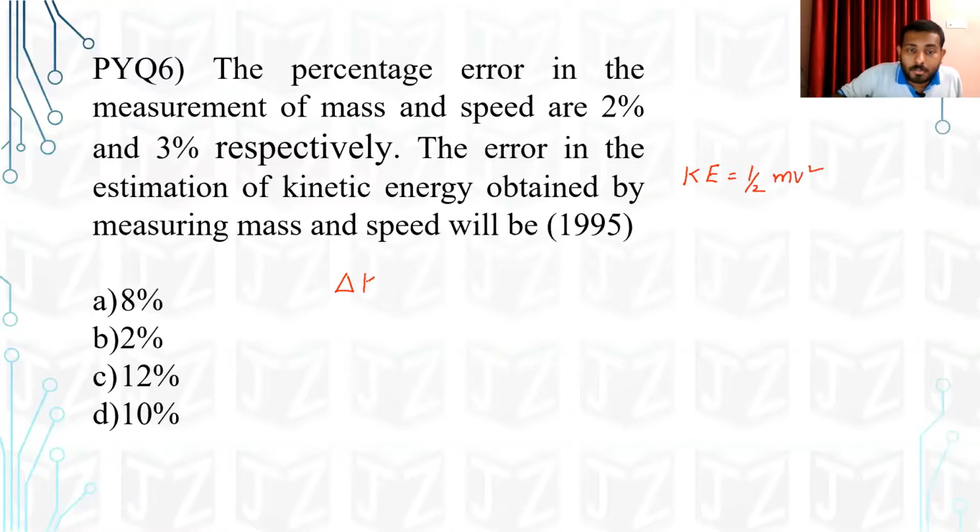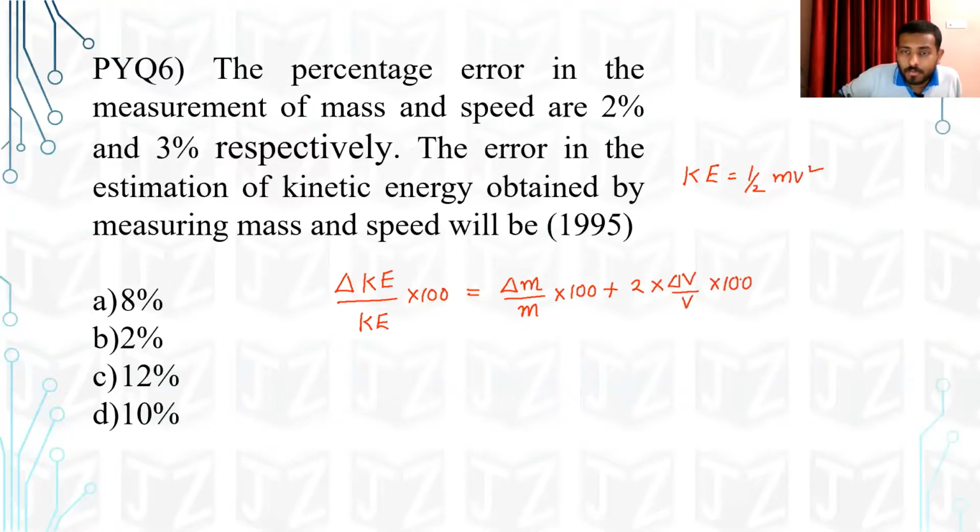So for the percentage error in kinetic energy, that is delta KE by KE into 100, we need not consider this half because it is a constant. We have delta m by m into 100 plus 2 into delta v by v into 100.